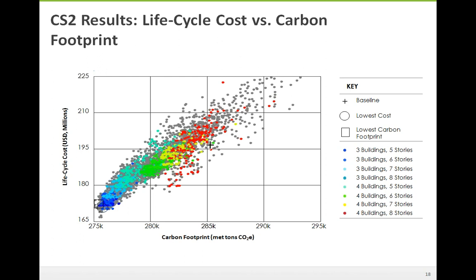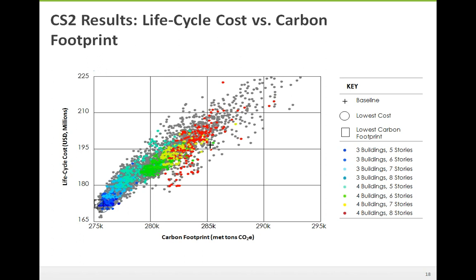The gray dots are ones that didn't meet the layout constraints, i.e. they were not the minimum distance from the perimeter or from each other. So you see there's a fair amount of designs that were infeasible. What's interesting is that there's a whole swath of designs here that improve upon both objectives that the owner was interested in.